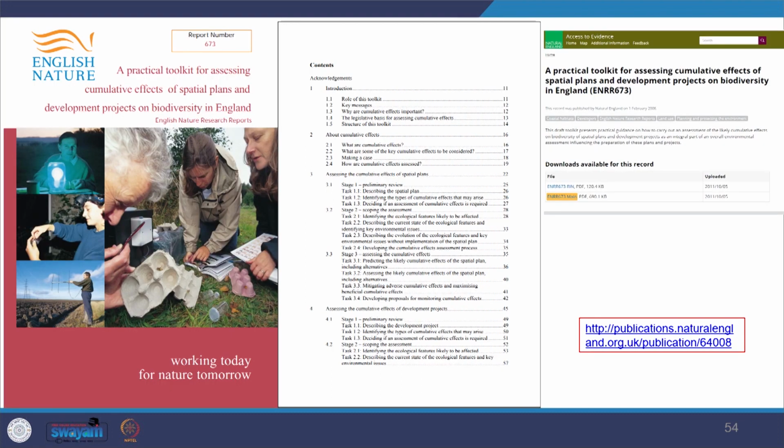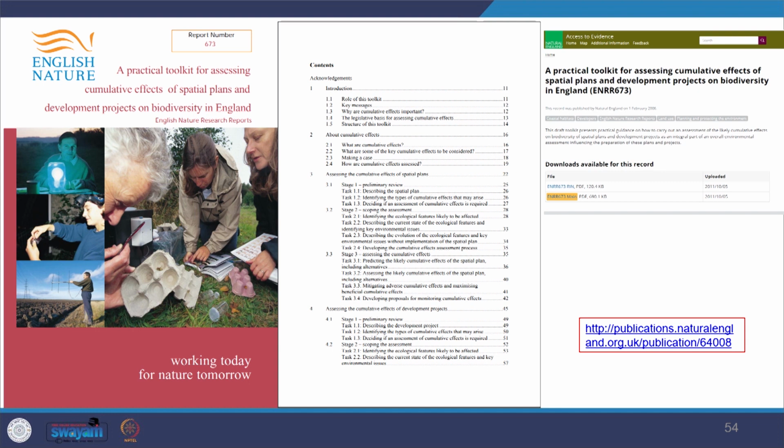You'll also find another practical toolkit for assessing cumulative effects of spatial plans and development projects on biodiversity in England. I have given you the link for downloading here. You can see that it defines the cumulative effect. It tells you about the key cumulative effects which should be considered in the case of biodiversity.